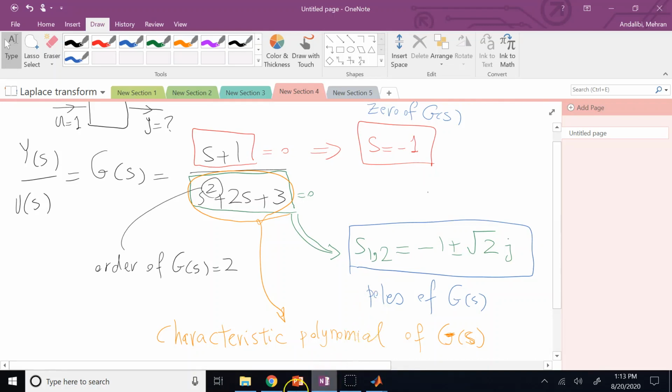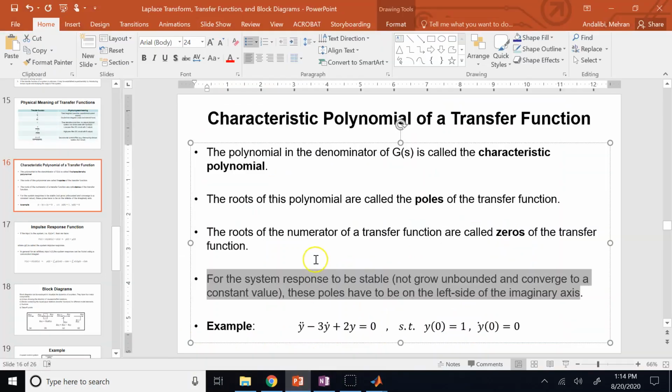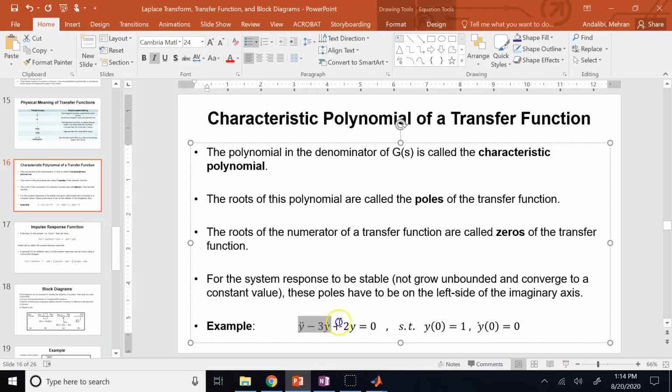Will tell you how the system would behave. Okay, so in the case of this system, as I just showed you, the denominator has two roots, two poles with real parts that are positive, and so this system will behave what? Unstable.